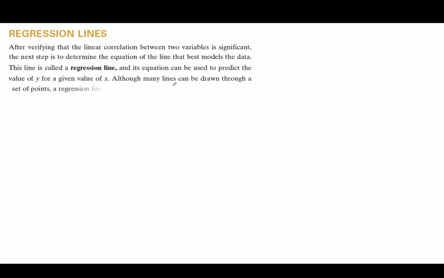Although many lines can be drawn through a set of points, a regression line is determined by specific criteria. It basically needs to minimize the summation of residuals squared. Consider the scatter plot and the line shown below.